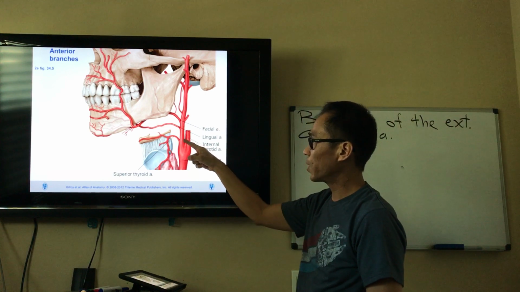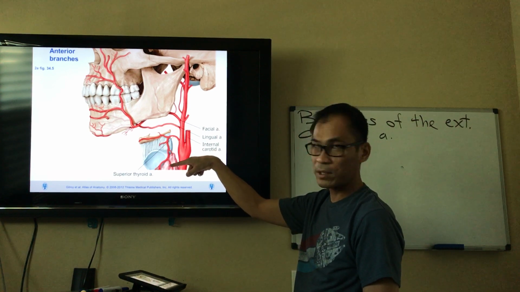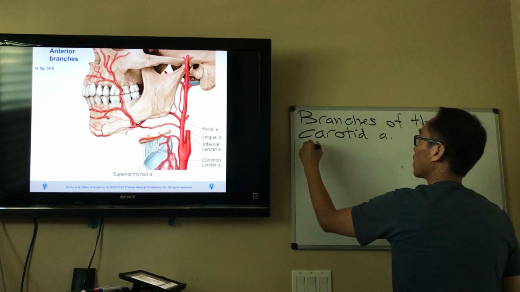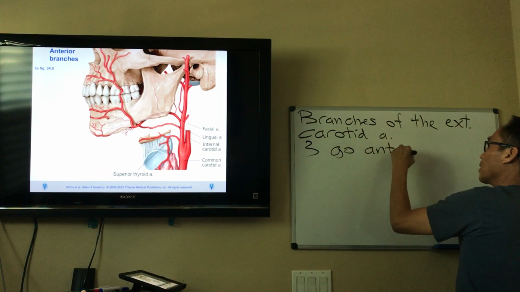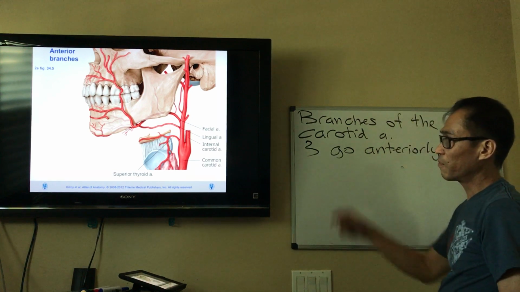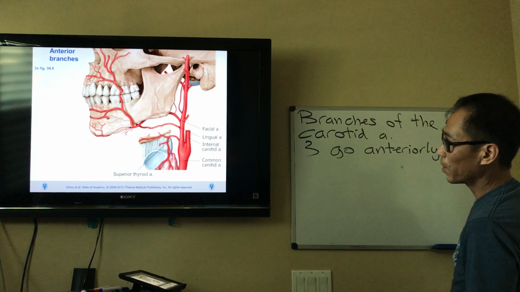And this one here, the superior thyroid artery, goes inferiorly to supply blood to the thyroid gland. So let's note those three branches. These three branches, they go anteriorly. Again from superior to inferior, facial, lingual, and superior thyroid.